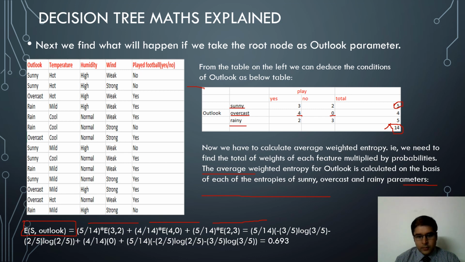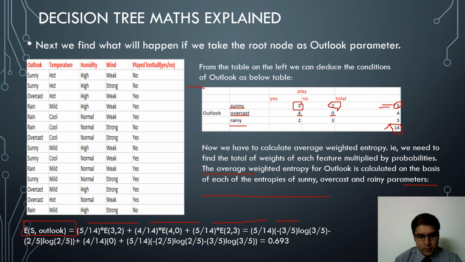So that turns out to be 5/14 into, from the entropy formula, minus of 3/5 into log 3/5 minus 2/5 again into log 2/5. Similarly 4/14 into 0, since that logarithm will turn out to be 0.